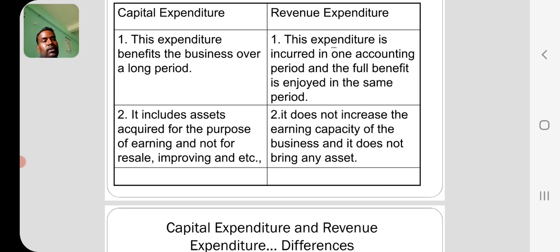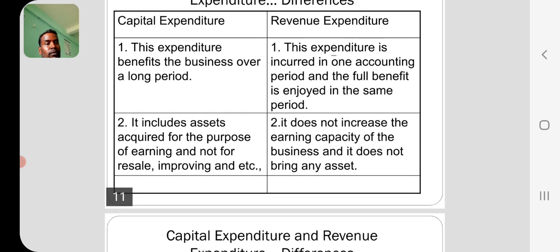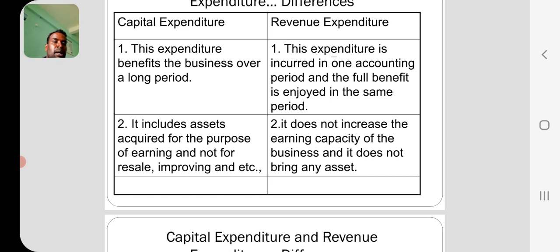Now coming to the second one, it includes assets acquired for the purpose of earning, not for resale. Purchasing fixed assets comes under capital expenditure. Whereas increasing the capacity of the current fixed asset or some repairs or modifications to that fixed asset is called revenue expenditure.